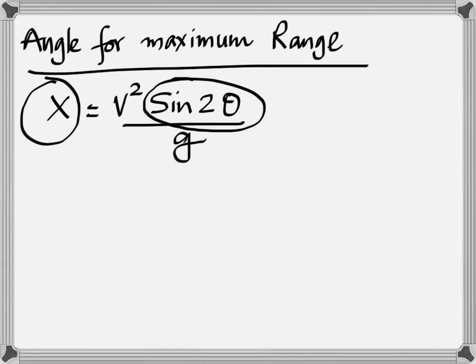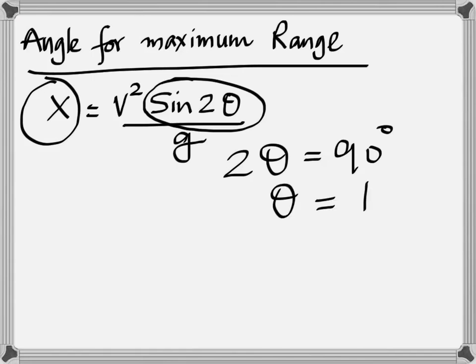And the sine of an angle has a maximum value of 1. And that happens when the angle becomes 90 degrees. And in this case, the angle is 2 theta. So 2 theta should be 90 degrees for sine 2 theta to be 1, right? Therefore, theta should be 45 degrees. So I proved that the maximum range is obtained when you project something at 45 degrees.